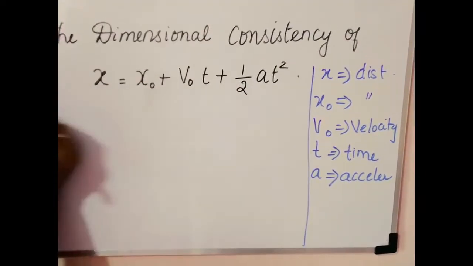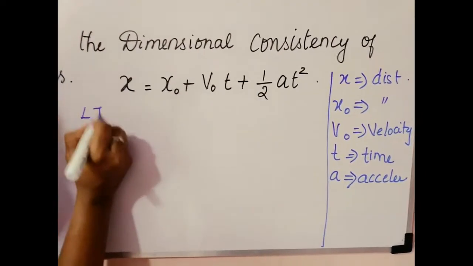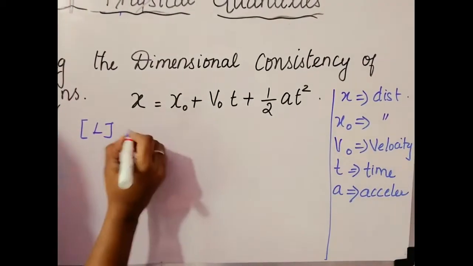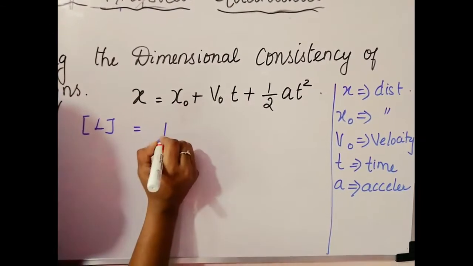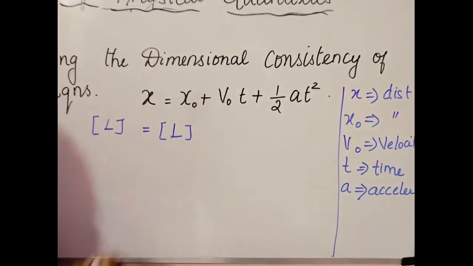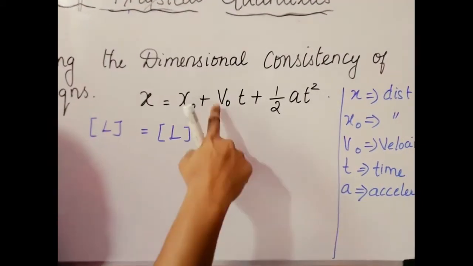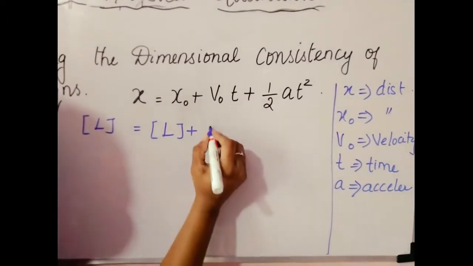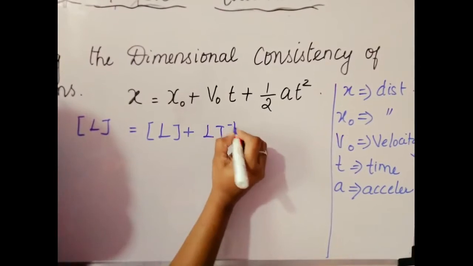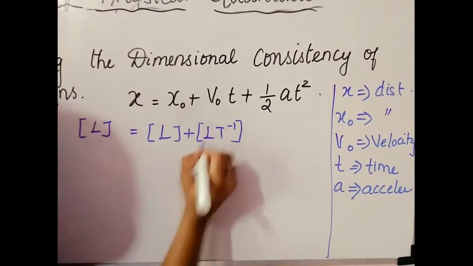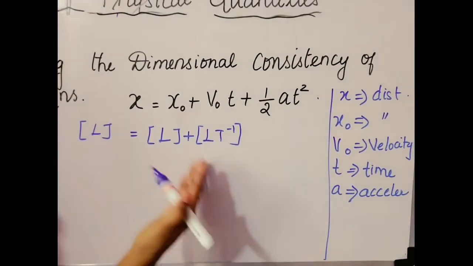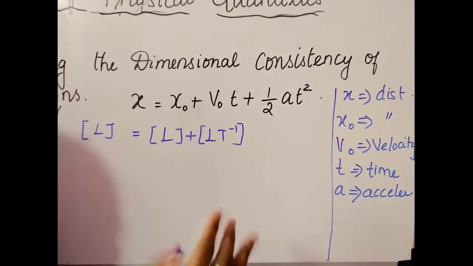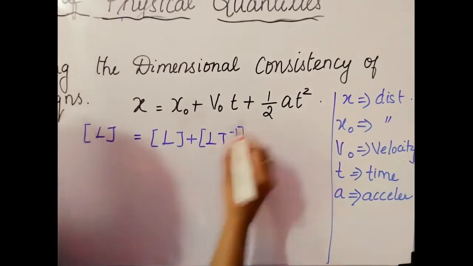Left hand side it is L, the dimensional formula for distance is L. And again L plus velocity, the dimensional formula for velocity we have derived, that is L T power minus 1, M power 0 gives you 1. If you don't write it also, no problem.